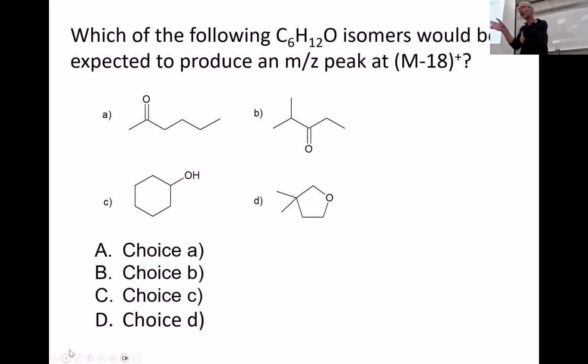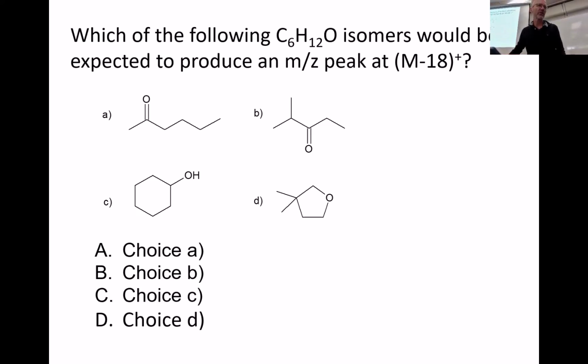And having an oxygen doesn't interfere with the number of hydrogens. So this is C6H12. That reminds you that you either have a double bond somewhere in the structure or you have a ring. Every time you lose two hydrogens from the typical alkane, it's a double bond or a ring. I'm just trying to get your brain used to looking at that because you're going to need to look at that a lot.